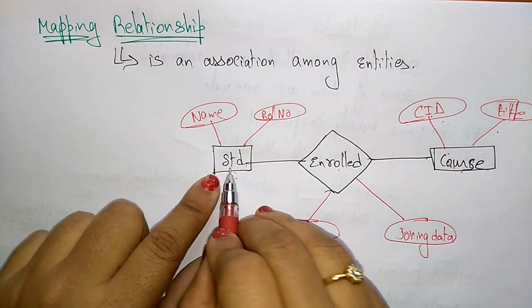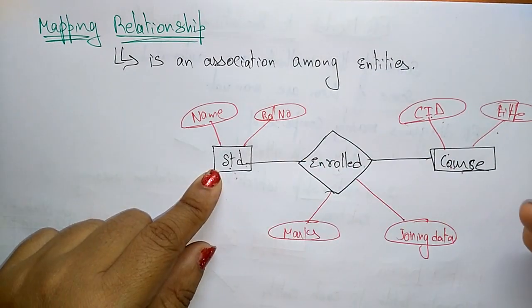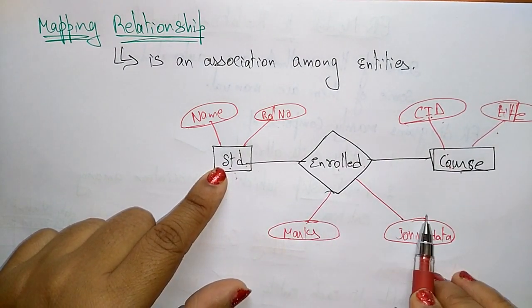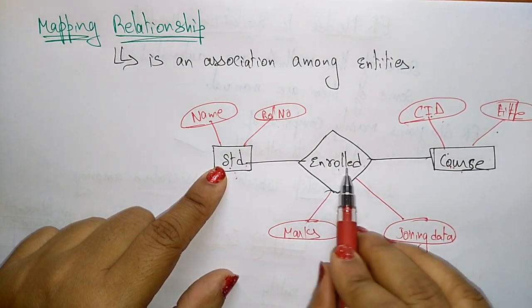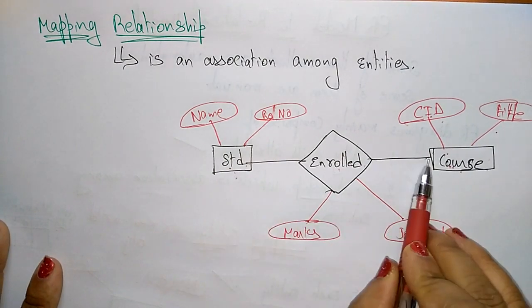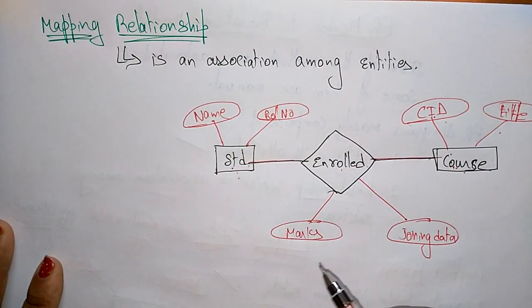And each student has a name as well as a roll number. The student is enrolled to the course based on the marks and the joining date. So this is a mapping relationship between the two entities.